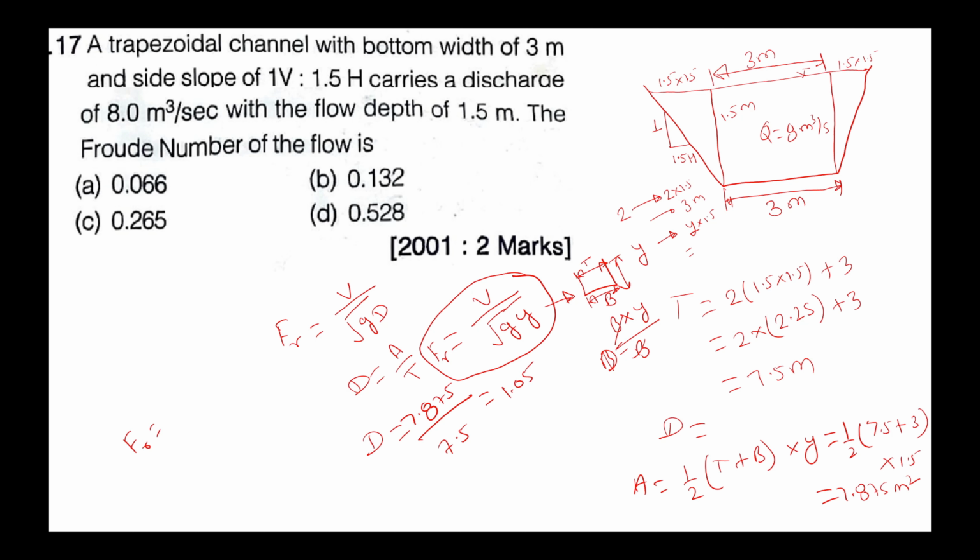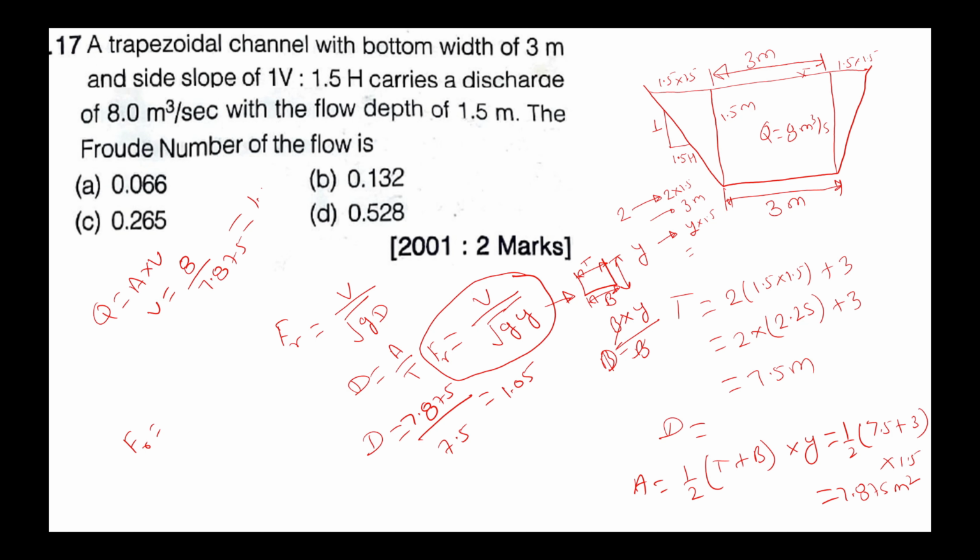So your velocity, how much? How you will calculate the velocity? So discharge is equal to area into velocity. So your 8 divided by area is how much? 7.875. So it will come around your velocity is around 1.015.